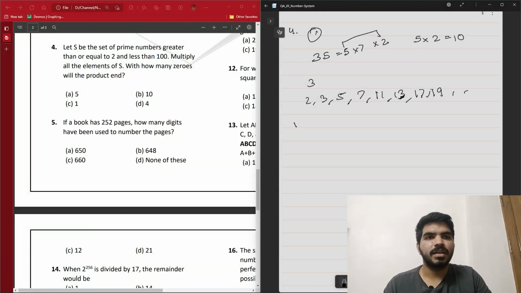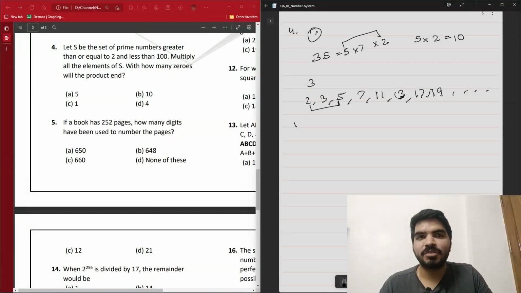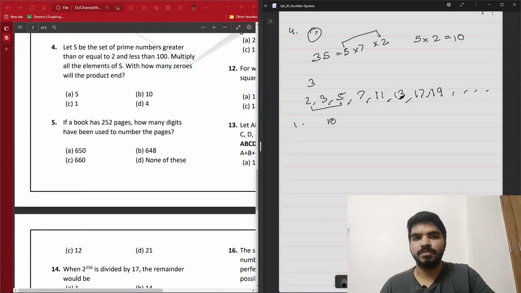Up to 100, I guess 97 is the last prime number. So all the numbers will have 1 as common, and the other factor they have is the number itself. So how can they have 2 or 5 within them? The only numbers which will contribute to a 0 at the end will be 2 and 5 themselves. And one pair of 2 and 5 will make it a multiple of 10 only, not 100. So option C.